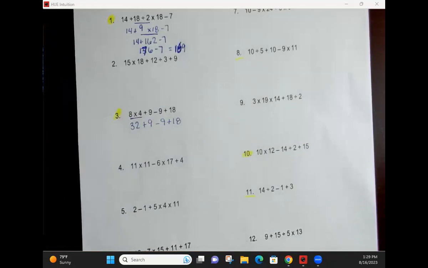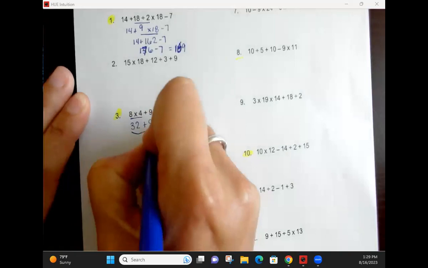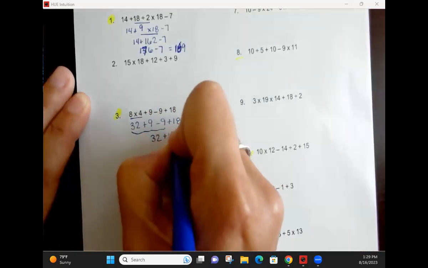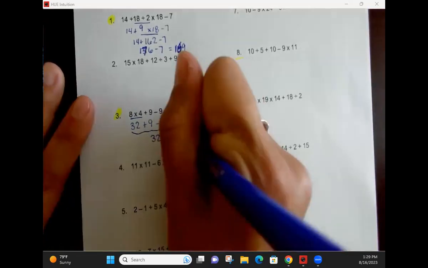If I do that, 32 plus 9 is going to give me 41. And then I take that 9 away and I'm back at 32. So all of this together is going to get me back to 32. And then add 18. What do I get if I add 18? 50.